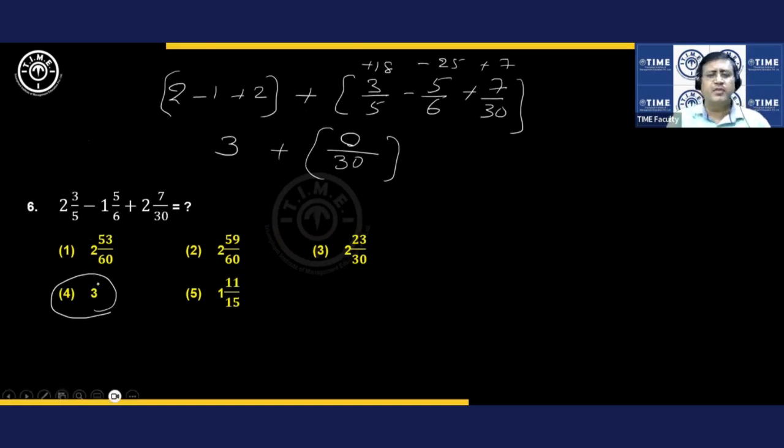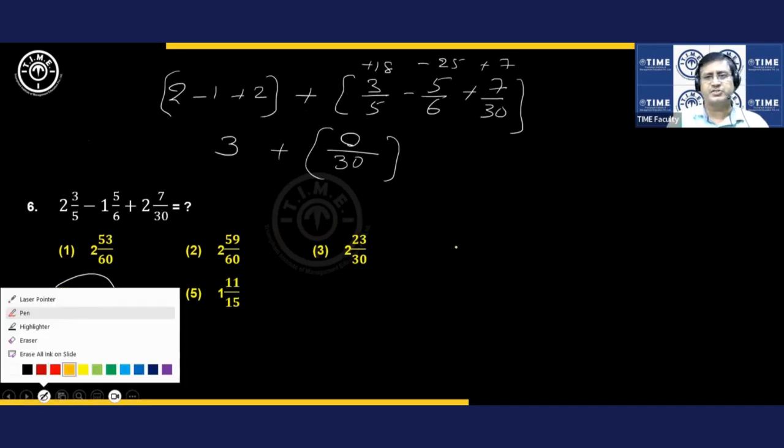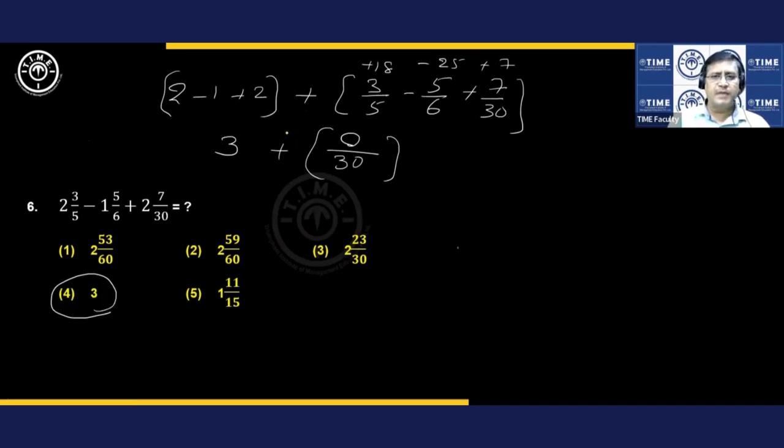Question number 6 here, what I am doing, I am observing the sum of the integers and the sum of the proper fractions. Sum of the integers means 2 minus 1 plus 2. 2 minus 1 is 1. 1 plus 2 is equal to 3. Sum of the proper fractions means just adding these three values: 3 by 5 minus 5 by 6 plus 7 by 30.